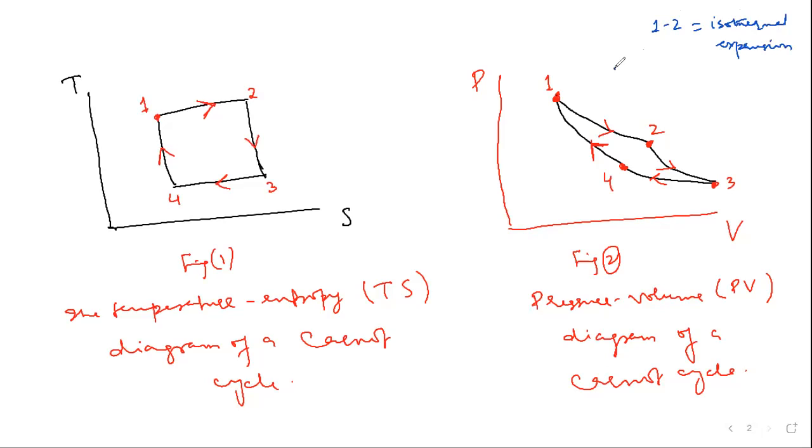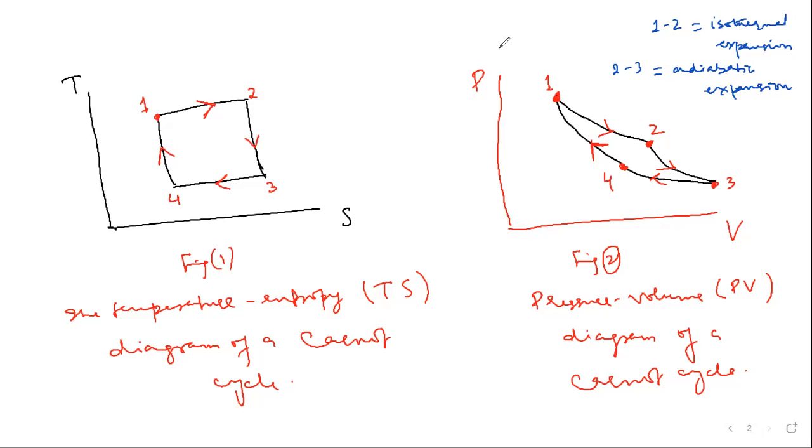From 2 to 3, we have adiabatic expansion, right?